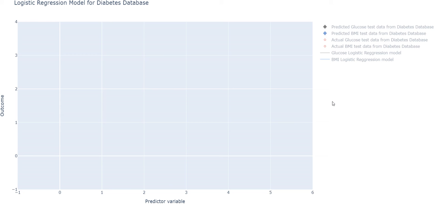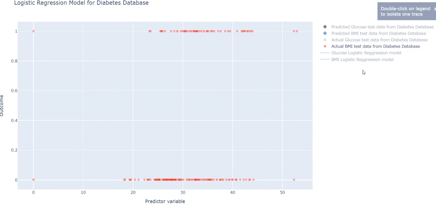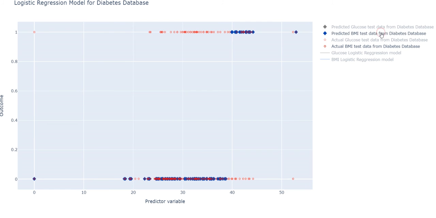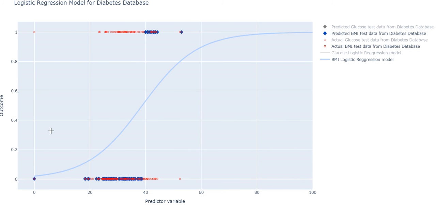In this case, I'm going to select BMI. Now, I've plotted my actual BMI test data from the diabetes database, and I've plotted my predicted BMI test data from the diabetes database. And I also plotted my regression model, which is a sigmoid function.